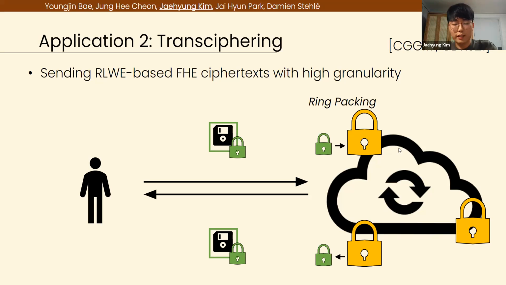At this time, the client encrypts individual messages with LWE ciphertext and sends individual LWE ciphertexts to the server, and on the server side, if sufficiently many LWE ciphertexts are received, they can be ring packed into a ring LWE ciphertext to continue computation, and after that converted back to LWE, and so on. By using this strategy, we can have high granularity, although we are using ring LWE-based schemes.